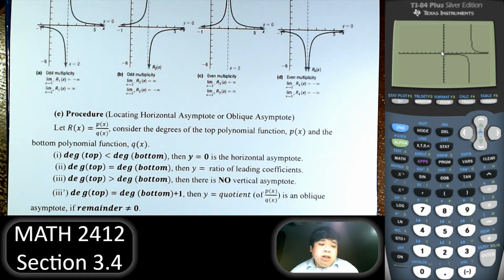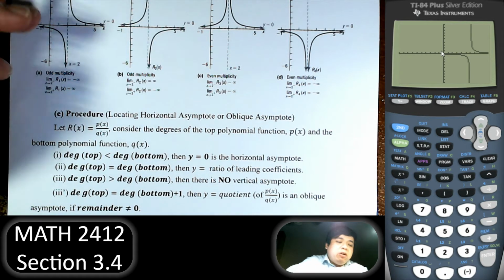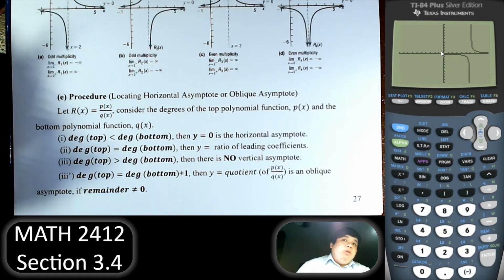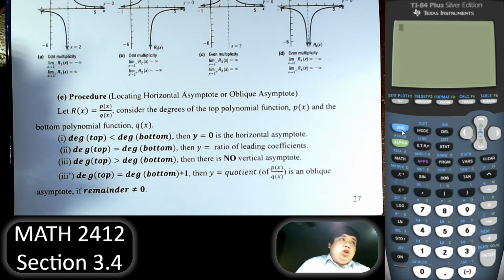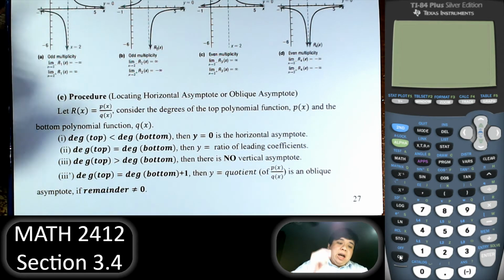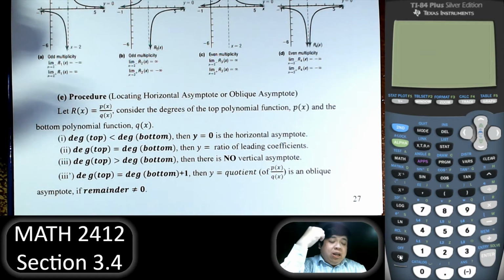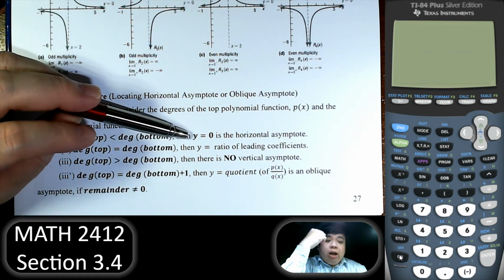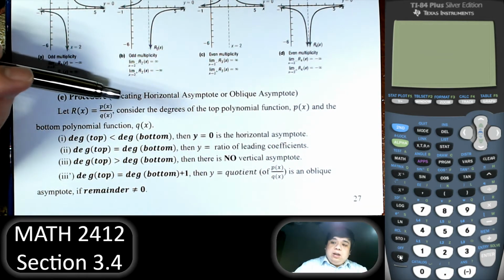Horizontal asymptote is even easier because there are only a few scenarios. This is very clear. Once again, the definition here is for the rational function is the ratio of two polynomials. So since we have the ratio of two polynomials, we will have degree on the top and degree at the bottom. If degree on top is less than degree at the bottom, we have y equal to 0.